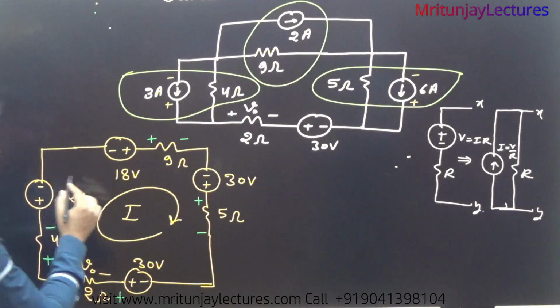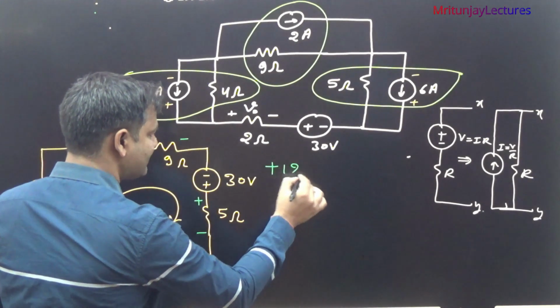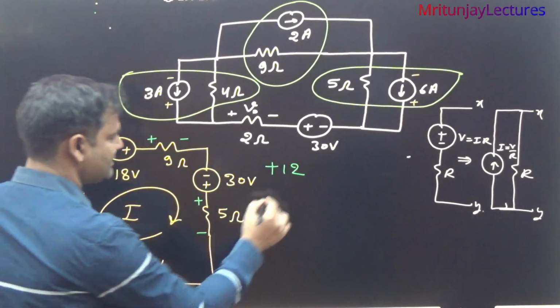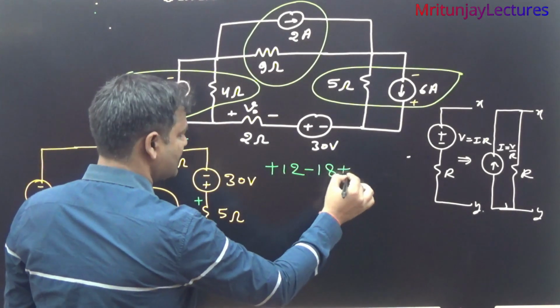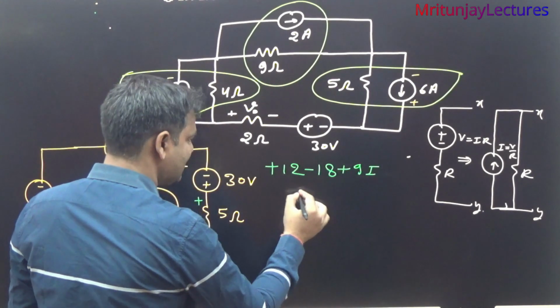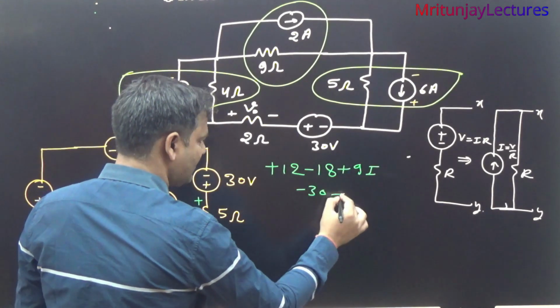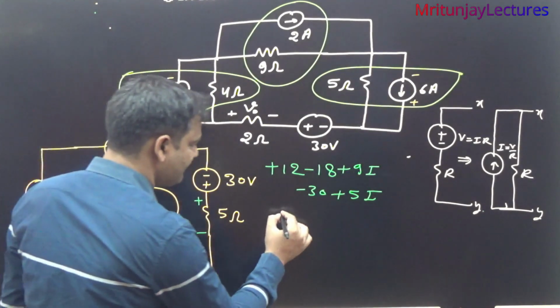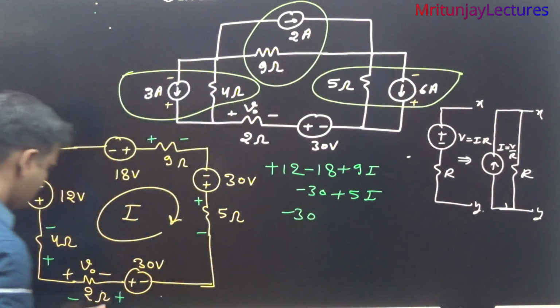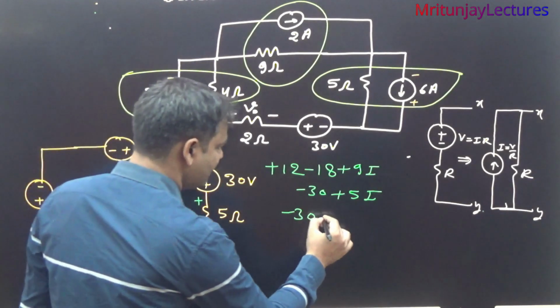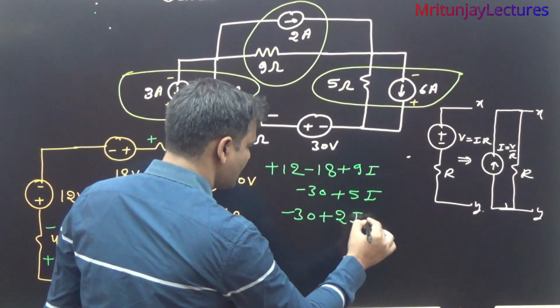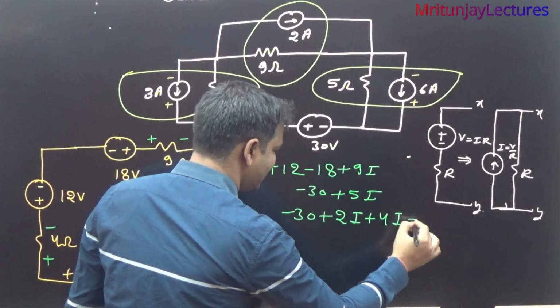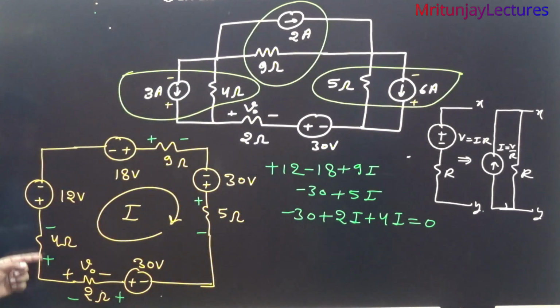Minus 12, plus 12, minus 18, plus 9i, minus 30, plus 5i, minus 30, plus 2i, plus 4i is equal to 0.